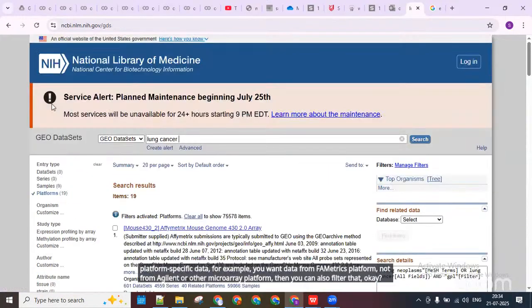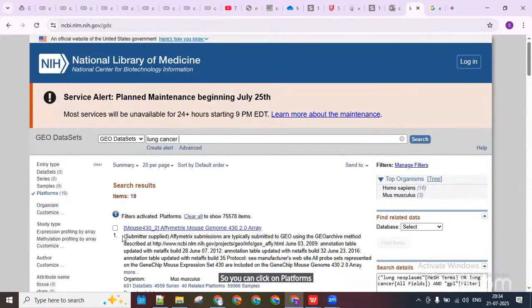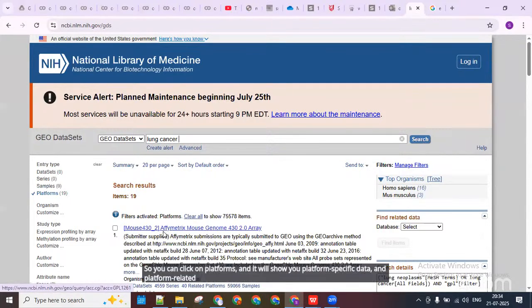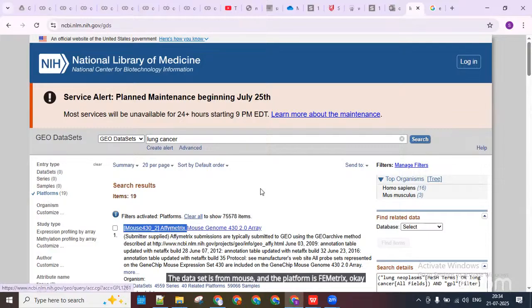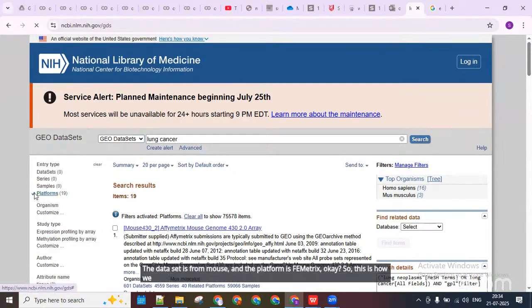Okay, so you can click on platforms and it will show you platform specific data. So now you can see the data set is from mouse and the platform is Affymetrix. Okay, so this is how we filter data.